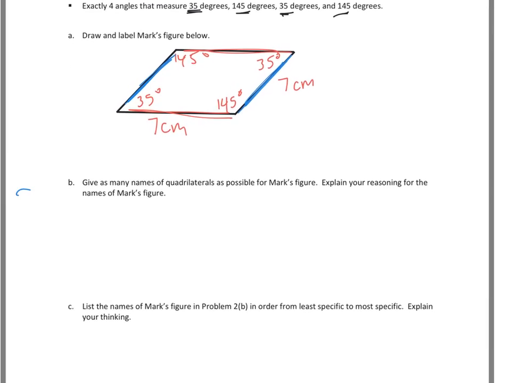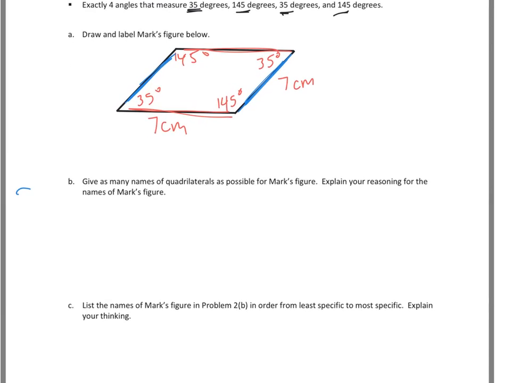And then down below for B it says, give as many names of quadrilaterals as possible for Mark's figure, explain your reasoning. Now I'm going to help you out with some of the names, and I'll tell you why, but you're going to have to go through and then write down your reasoning for it. So immediately I have a quadrilateral. That's the most basic one, a four-sided shape.